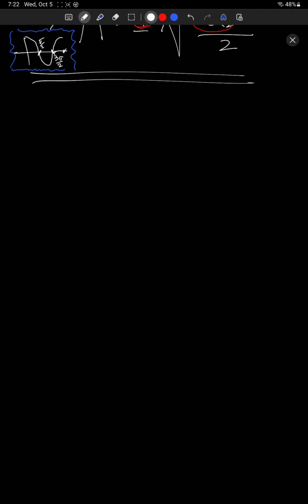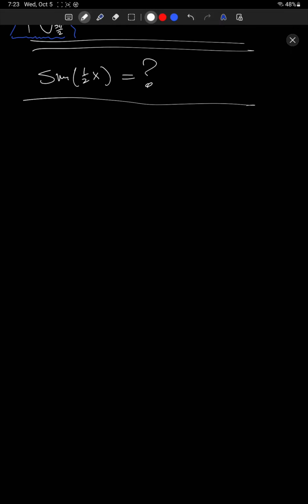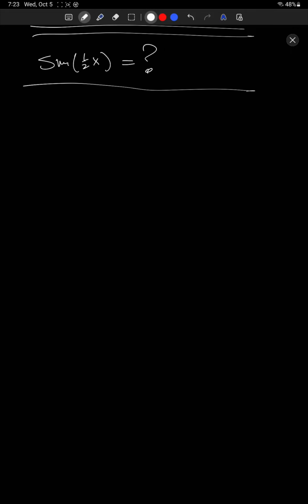So the question is, what about sine of 1/2 x, right? The way we're going to do this is, this is why I said it might not be as obvious. We're actually going to start with cosine again, as opposed to sine. We're not going to use the sine identity to get sine of 1/2 x.